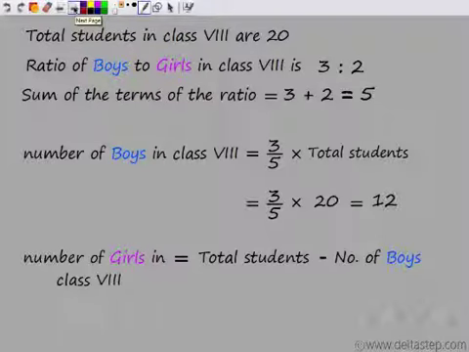If I subtract the number of boys from the total class, I would get the number of girls. Total students were 20. If I subtract number of boys, which is 12, 20 minus 12 gives me 8, which is the number of girls. This is how you can find the number of girls in the class, which is 8.